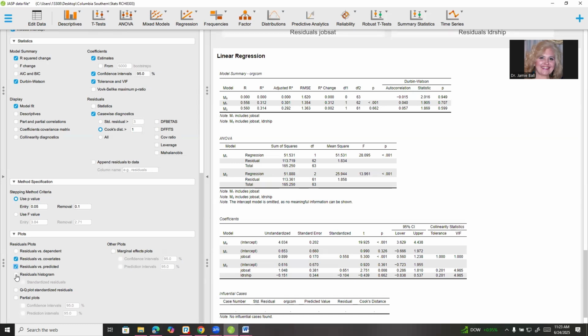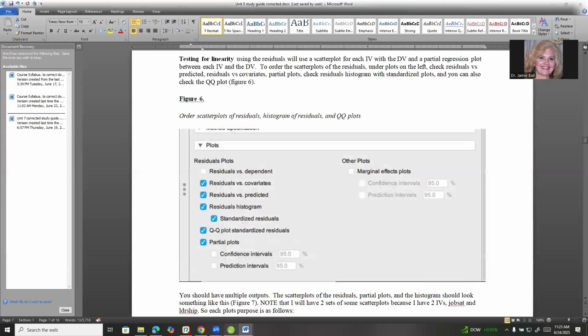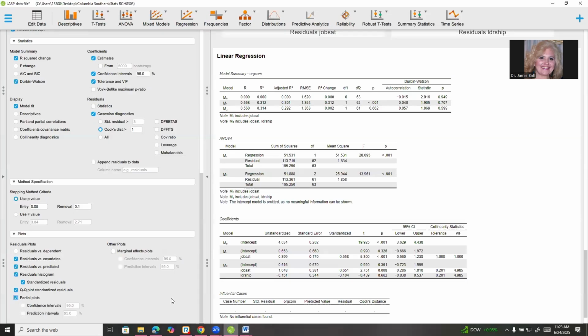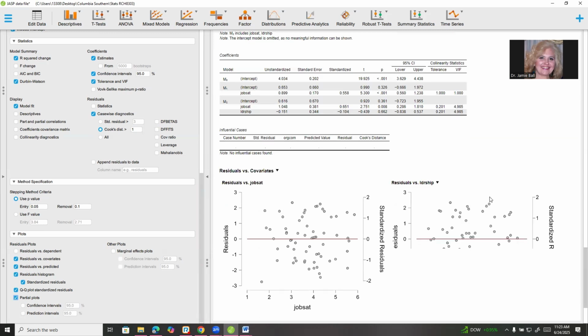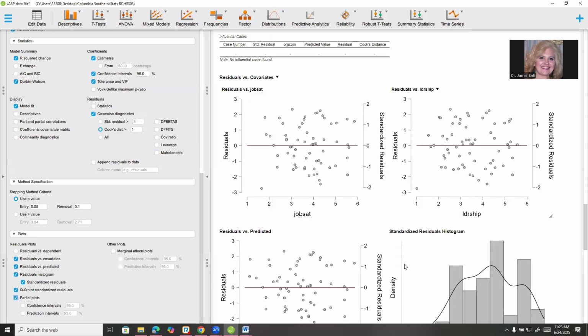I want that residuals histogram to check for normality. If you like QQ plots, it's right there, right? And I want my partial plots. And you can leave your confidence intervals set at 0.95. That goes with our alpha being 0.05. Okay, and now you'll start to get all these plots down here. Okay, they'll slowly show up.